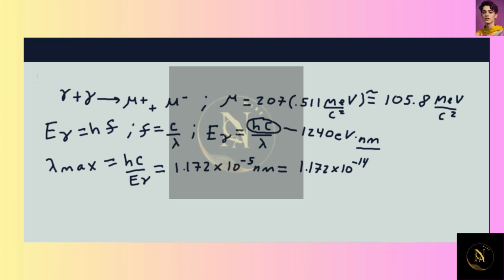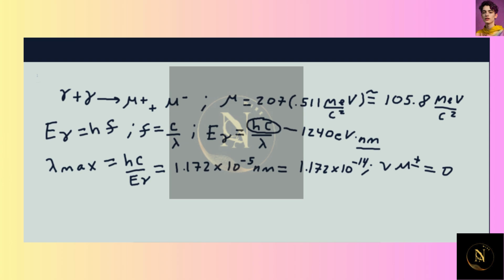All right, now this question basically says, what speed are the muons moving if you have this wavelength for the photons? All right, for the minimum case, all the energy that the photons require is used to produce the muons. So for this wavelength, the velocity of the muons is equal to 0.